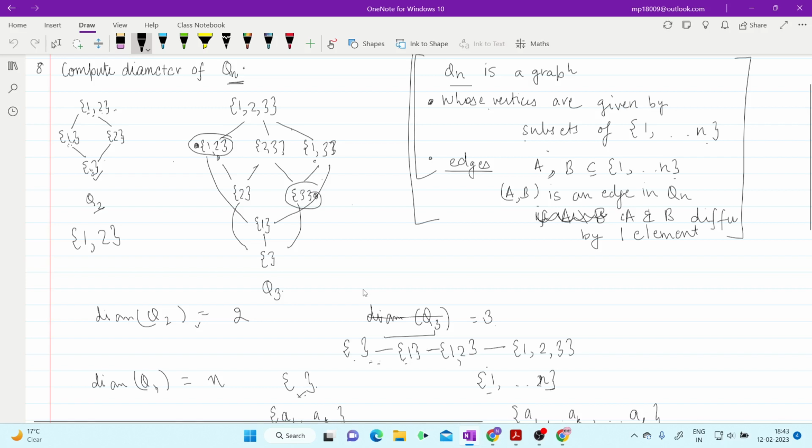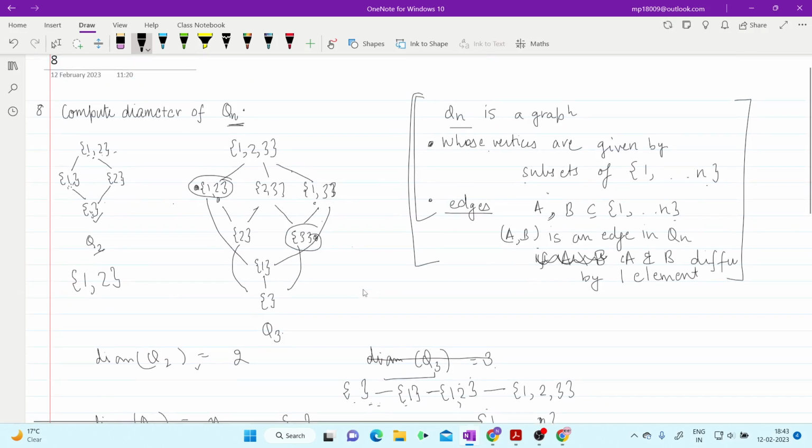So the diameter of Q3 won't come out to be 3, because if you want to construct a shortest path between 1 2 and 3, you have to go to 1 3, 1 2 3, and then again 1 2.